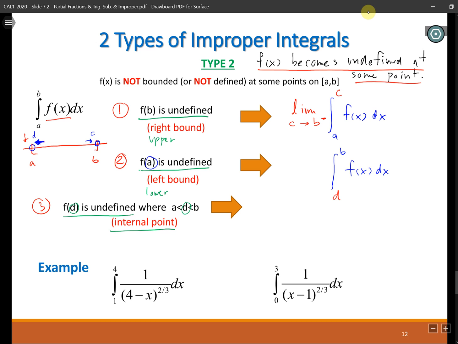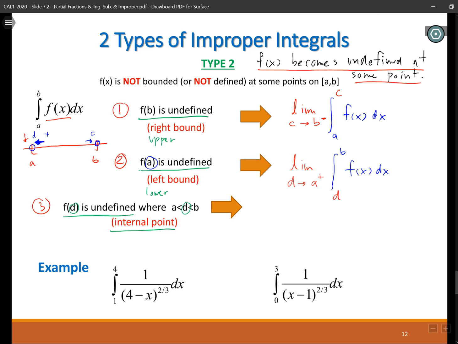So in this case, I have to put a limit here and tell myself that this d is going to approach a, but not at a itself, because the function is not defined at a. This is approaching from the right-hand side, so this must have a plus sign right here.